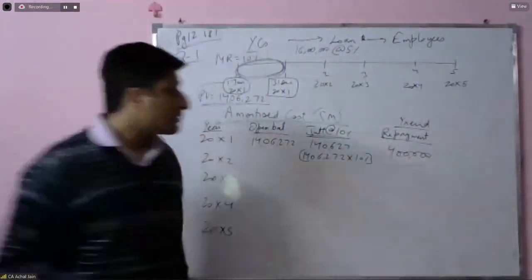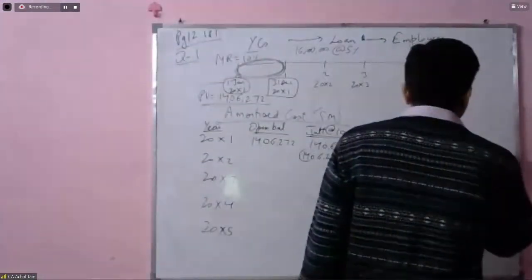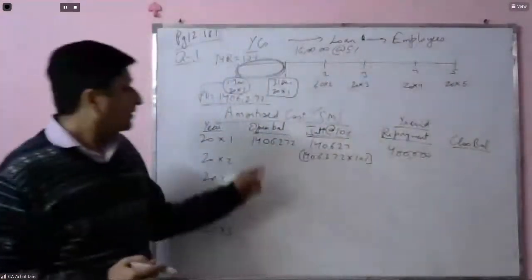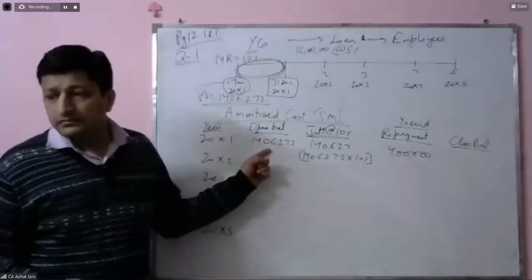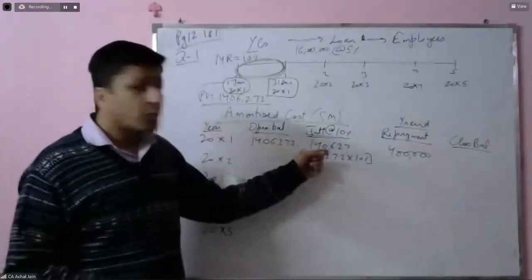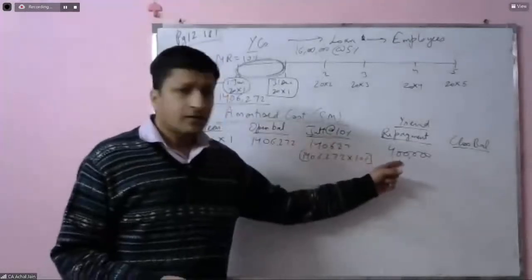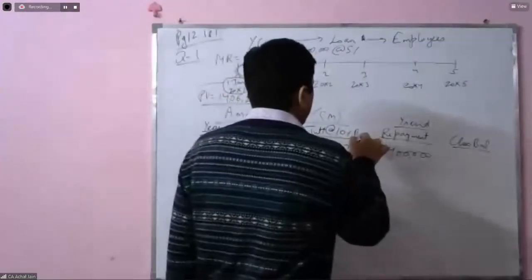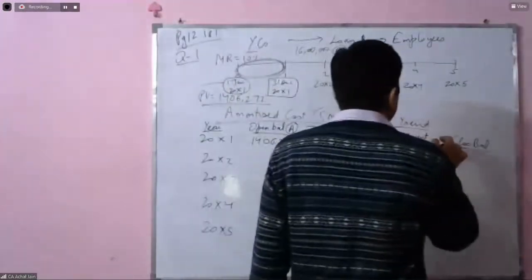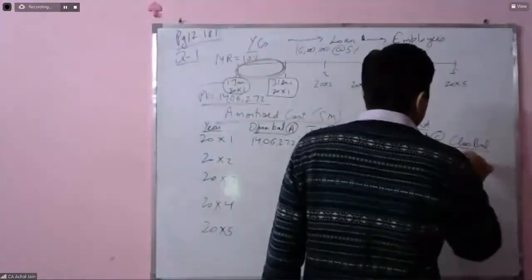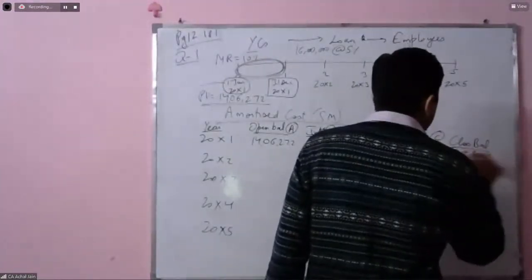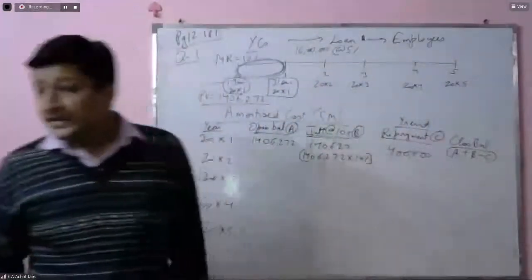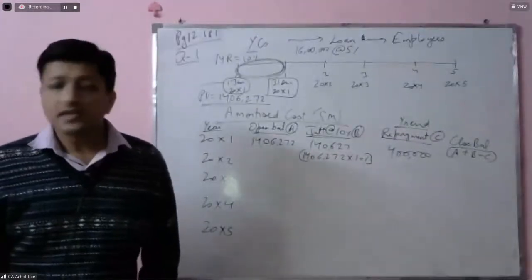So what's the closing balance? Closing balance will be 14,06,272 plus interest accrued less 4 lakh. So this will be A plus B minus C. Can you just compute this amount and let me know the answer?